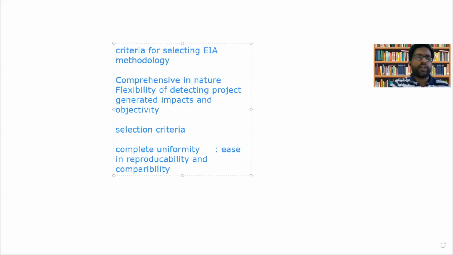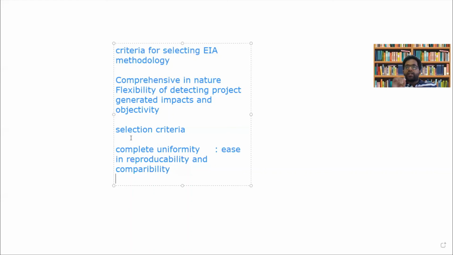Which means that for all the different stages of the project under consideration, you have selected the same methodology of environmental impact assessment. If the same methodology is selected throughout, the best advantage is that it will be totally uniform in nature.